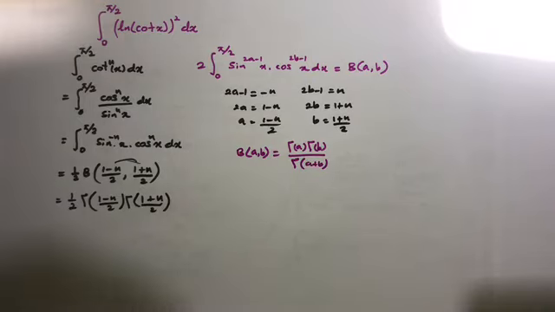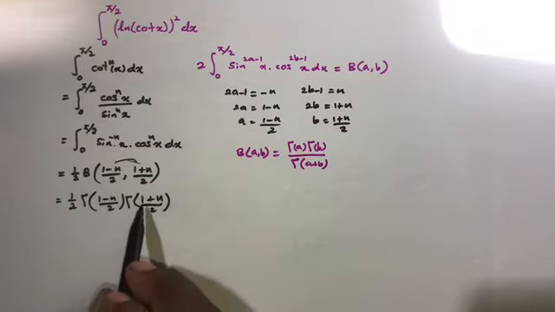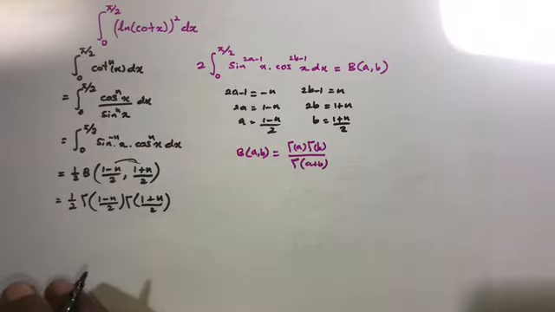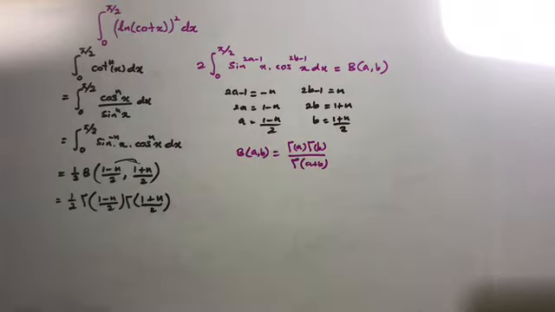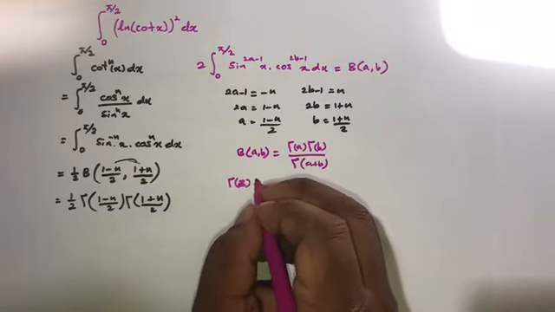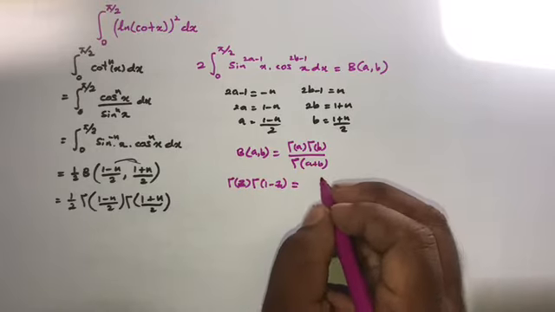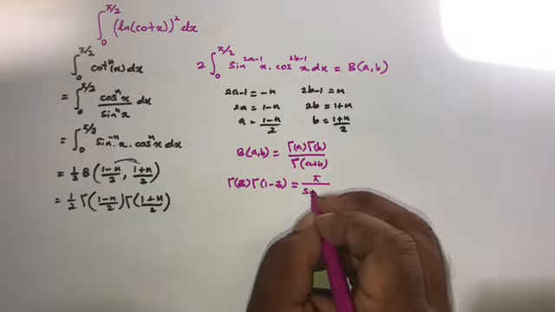So now we have 1/2 times gamma of 1 minus n over 2 times gamma of 1 plus n over 2. Now we can use Euler's reflection formula. We know Euler's reflection formula: gamma of c times gamma of 1 minus c is equal to pi over sine of pi c.